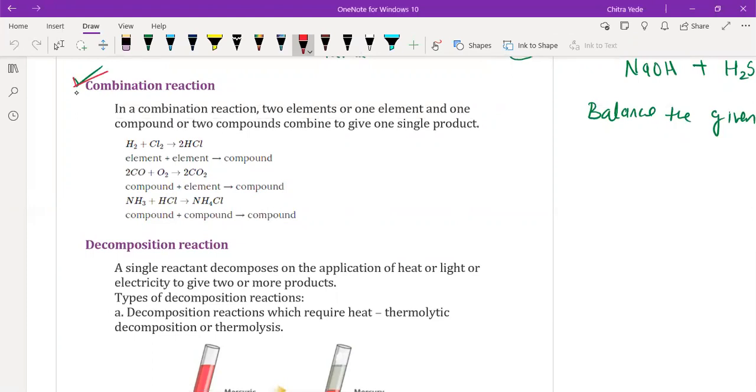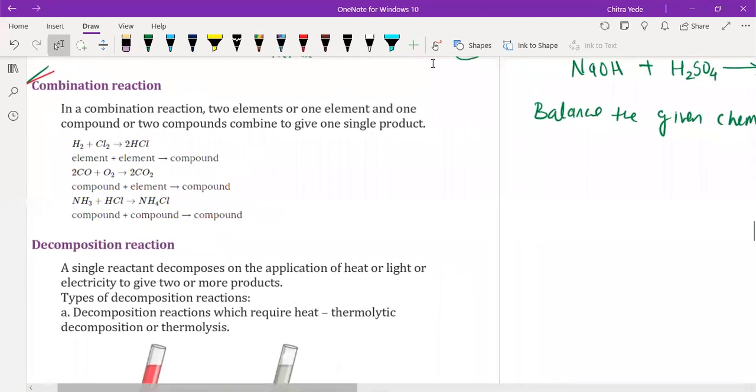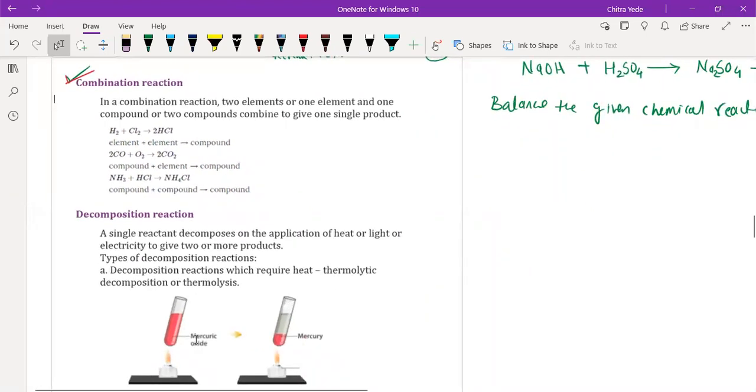When two molecules or elements combine with each other to form a single product, it is known as a combination reaction.